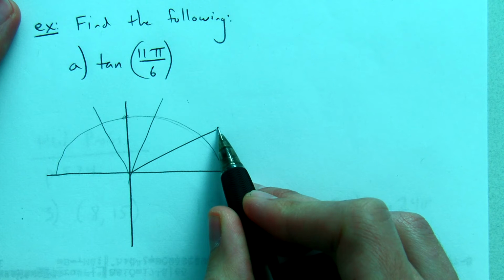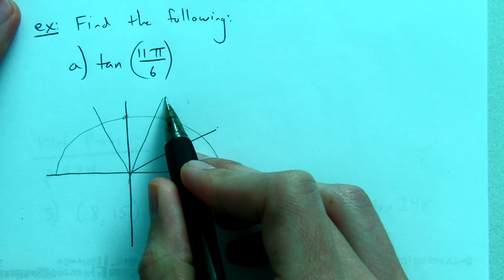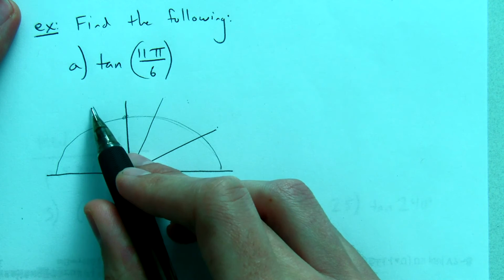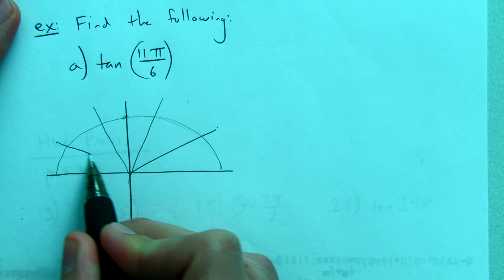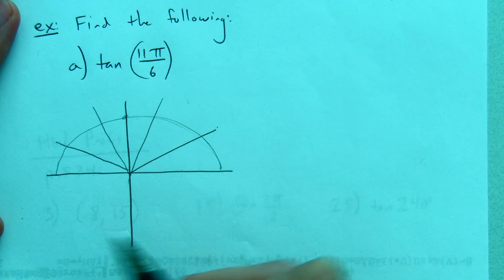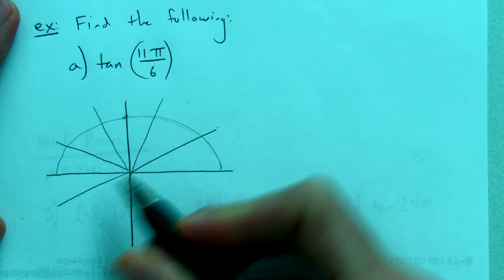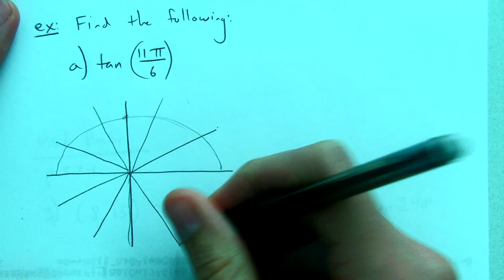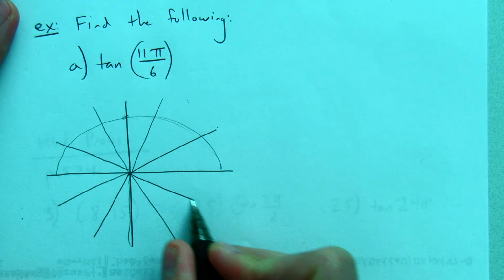That's pi over 6. 2/6 of pi, 3/6, 4/6. This would be 5/6, or 5 pi over 6. 6 pi over 6. 7, 8, 9 pi over 6. 10, and finally 11 pi over 6.